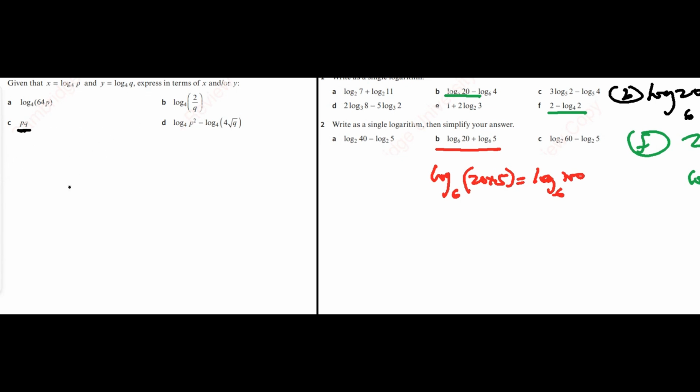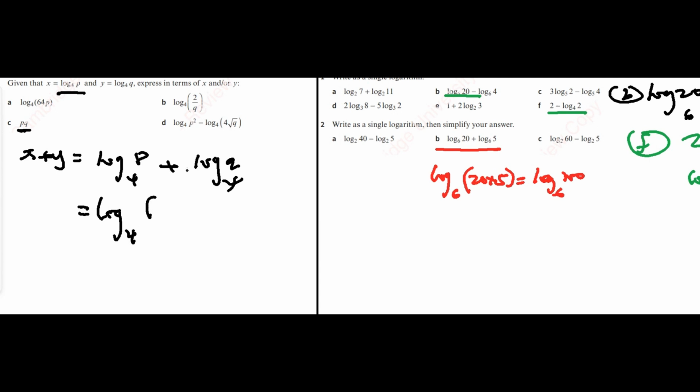So to do this c, I can add x plus y. X plus y equals, okay, what is my x? That is log p base 4 plus log q base 4. Because they have the same base, I can bring out the base, and this is multiplication, log pq base 4, and it equals x plus y.